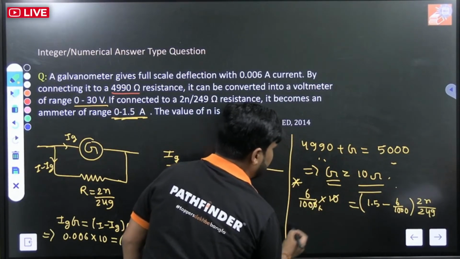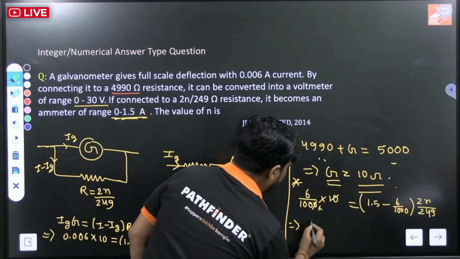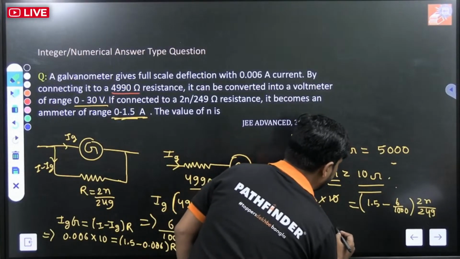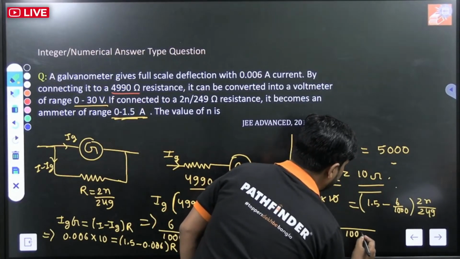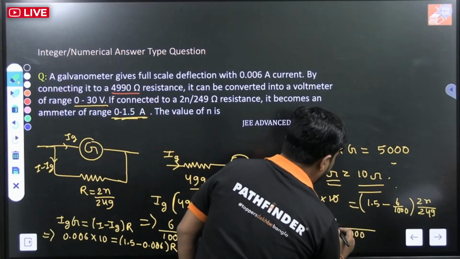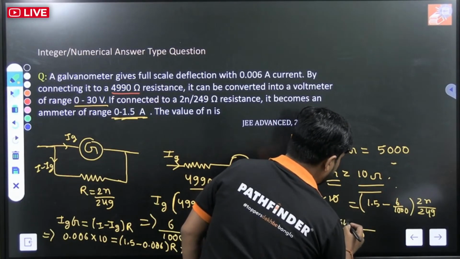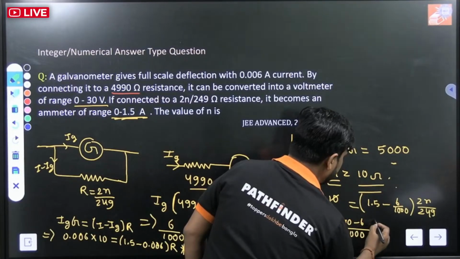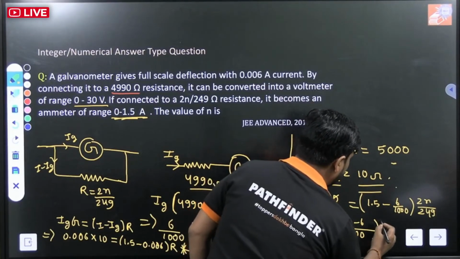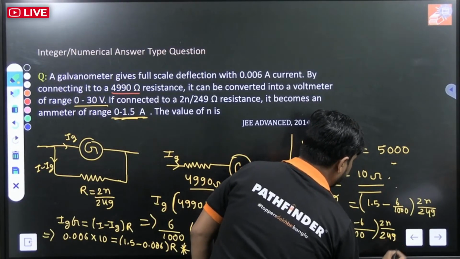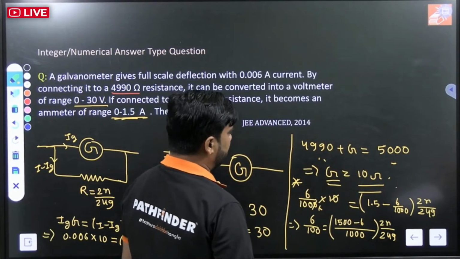Now put that value. This 10 and 10 will cancel out. So here you can write 6 by 100 is equal to, you can take the LCM here, 1000, 1500 minus 6 into 2n by 249. Right?